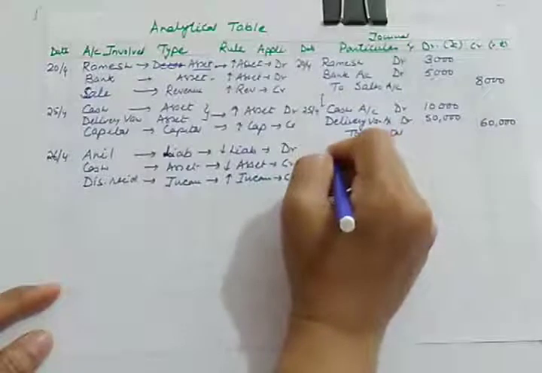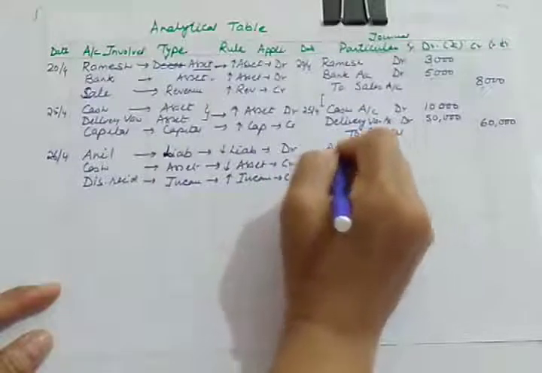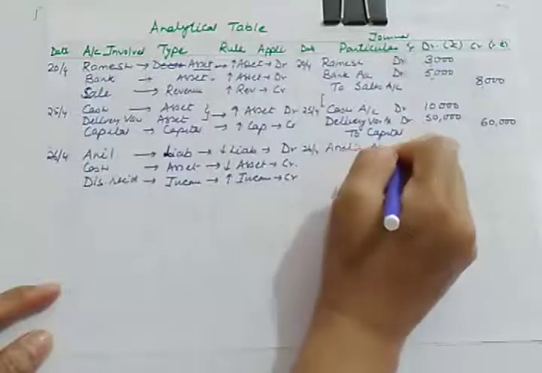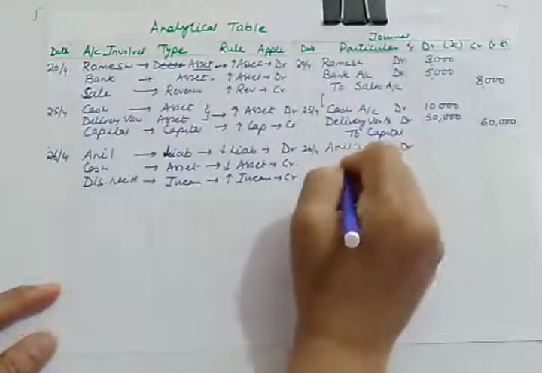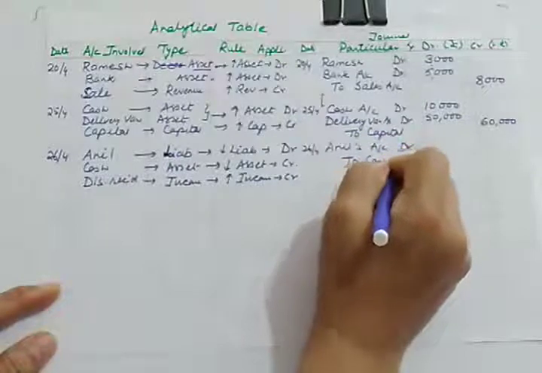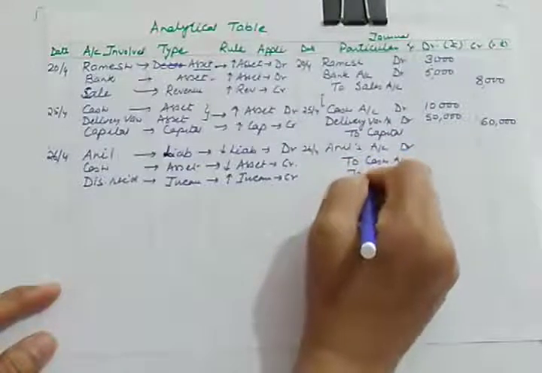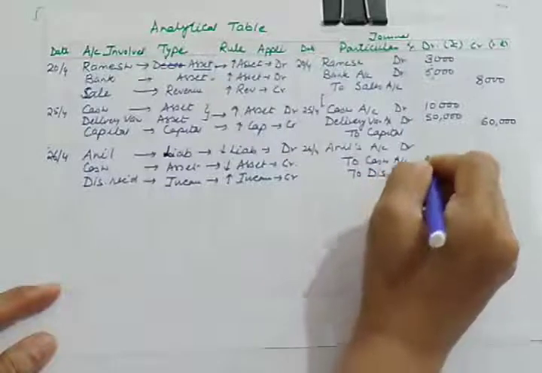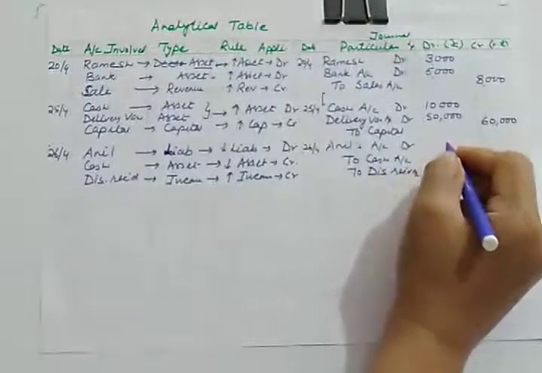So here Anil will be debited, and the date is 26th April. Anil's account debit to cash account and to discount received account. And how much in Anil's account?